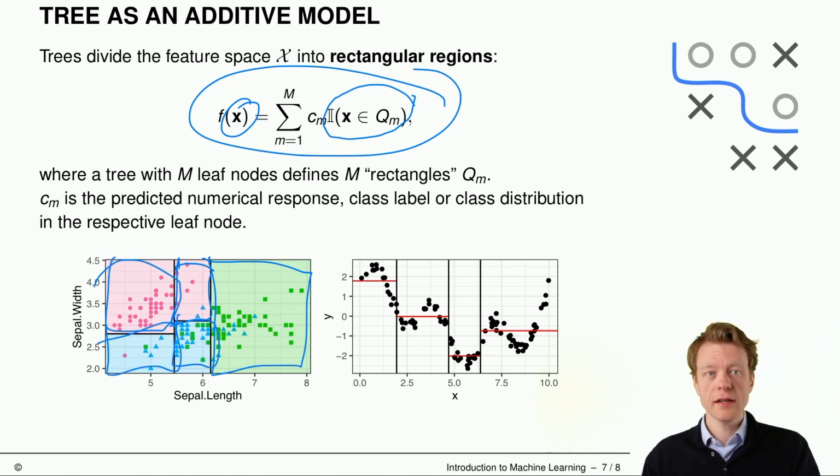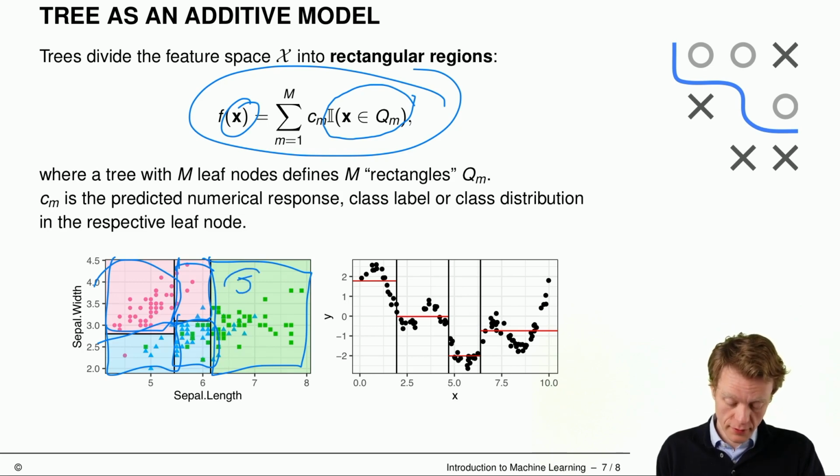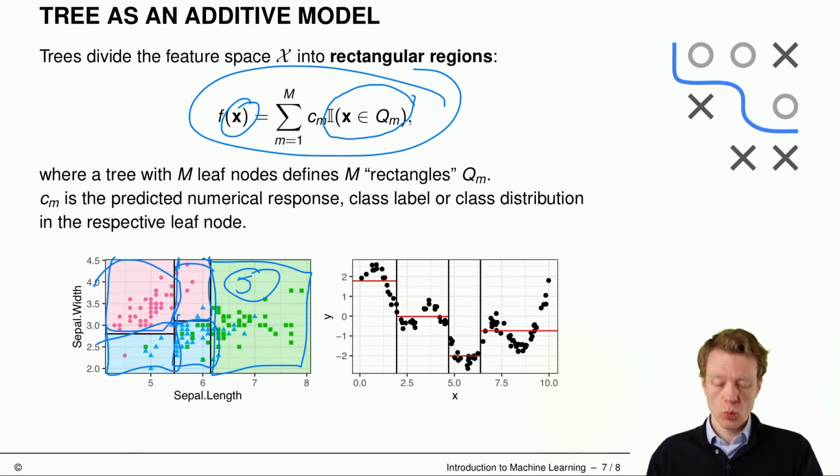We have 5 rectangles here, and first we have to find out in which rectangle the observation is. Let's say, for example, rectangle 5, and then we have to look at the constant prediction in that rectangle. And the constant prediction can be either the class distribution of Setosa, Virginica, and Versicolor, or just the hard class label prediction. In that case, what was it?